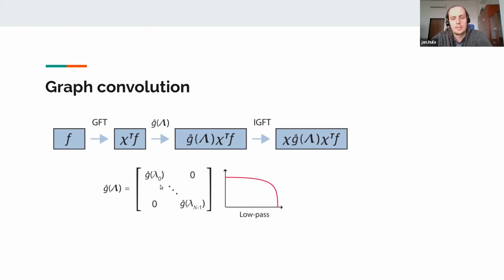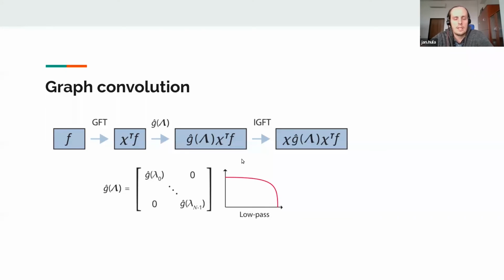We would take the signal on the graph, project it onto these eigenvectors, multiply the resulting signal by these learned coefficients, and then project it back, and we would say that this is one layer of a graph neural network.